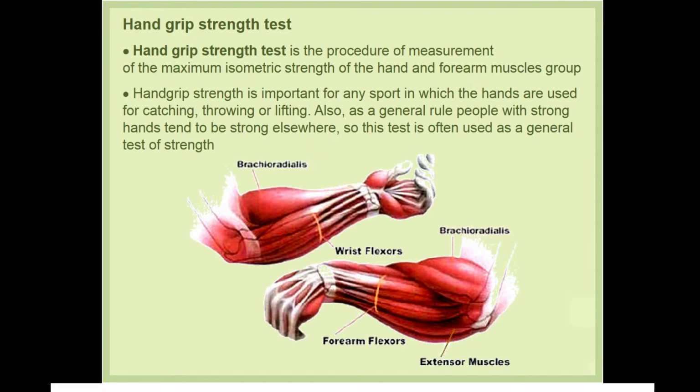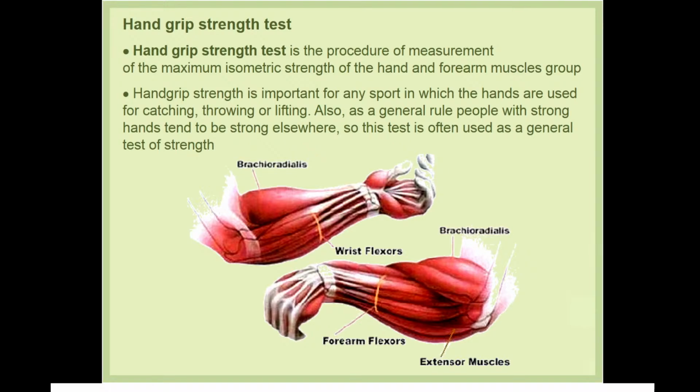group. So hand grip strength is important for any sport in which the hands are used for catching, throwing, or lifting. Also, as a general rule, people with strong hands tend to be strong elsewhere. So this test is often used as a general test of strength.